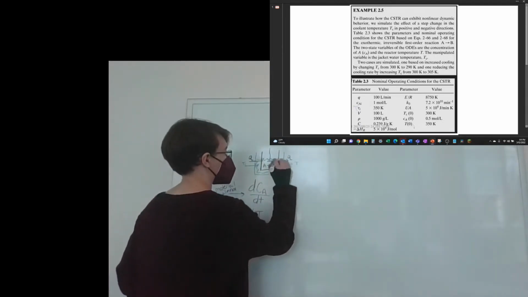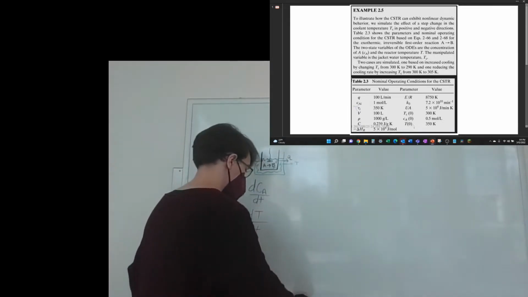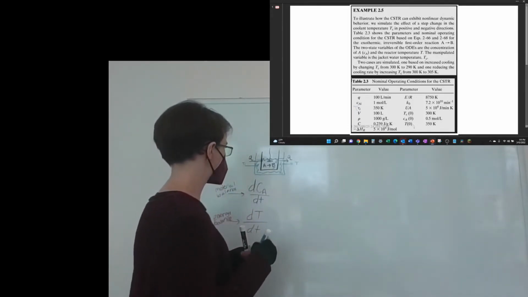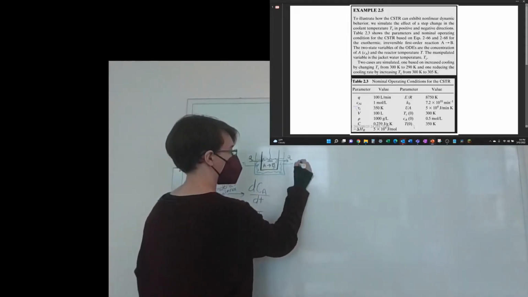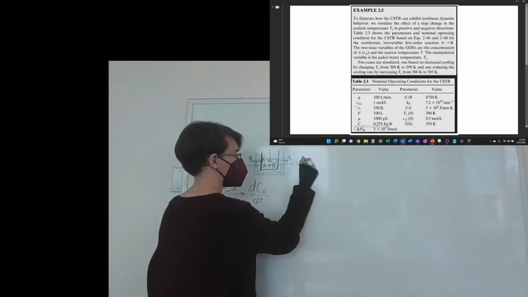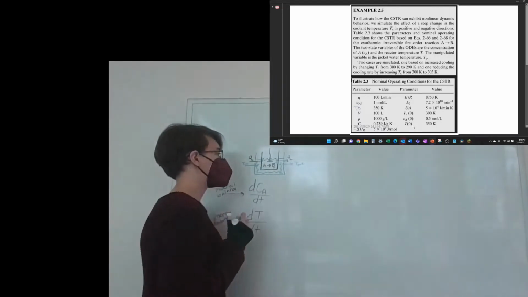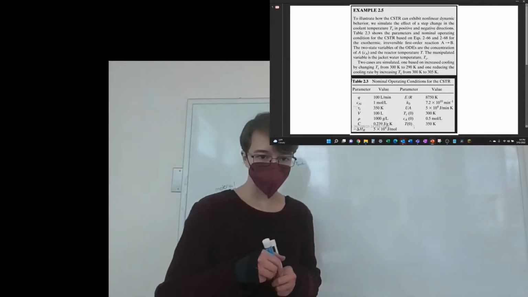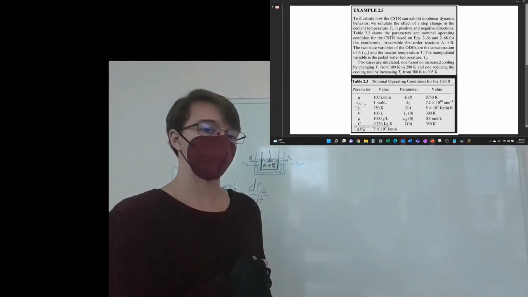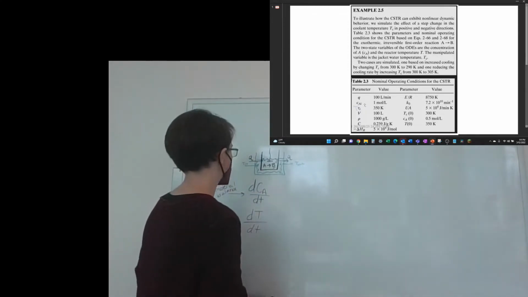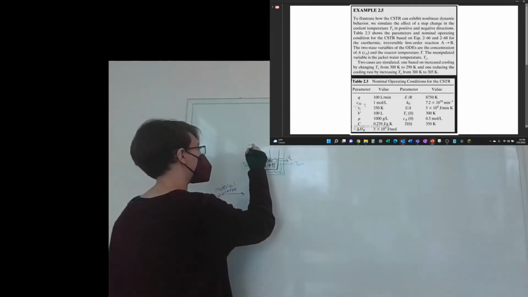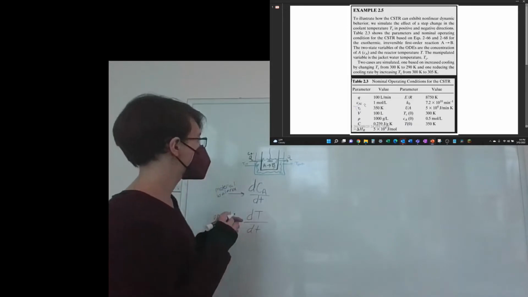So this isn't the initial concentration. We'll change that to be T out, and I'll write that in so it doesn't get confused with T initial. So this is going to be the concentration of A going in. We can write that up here.